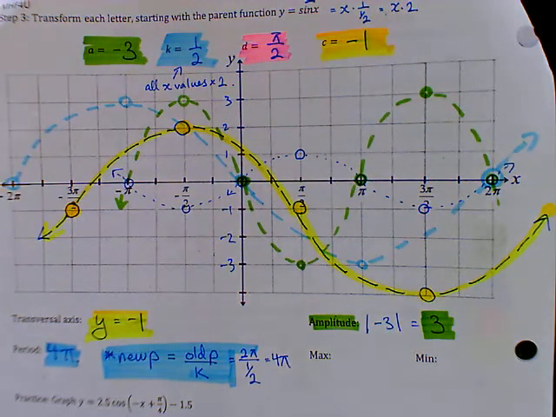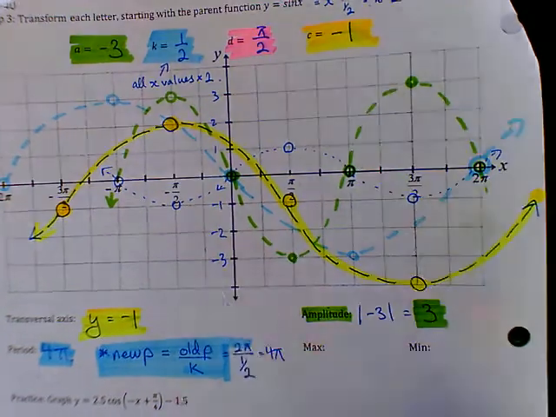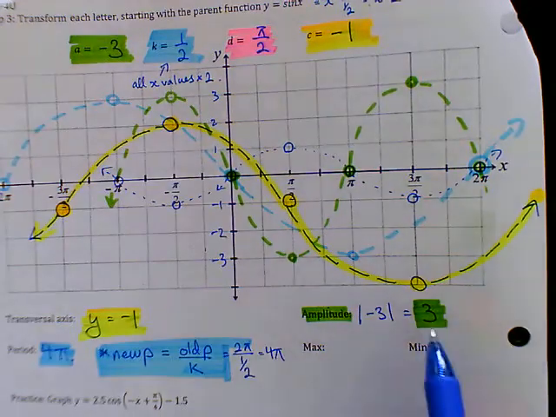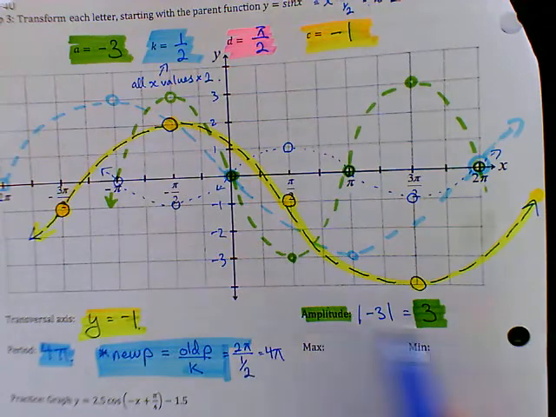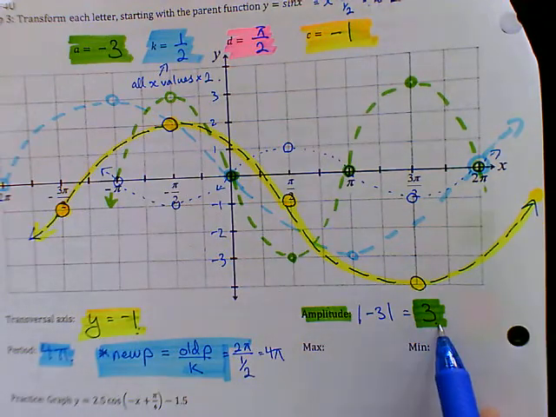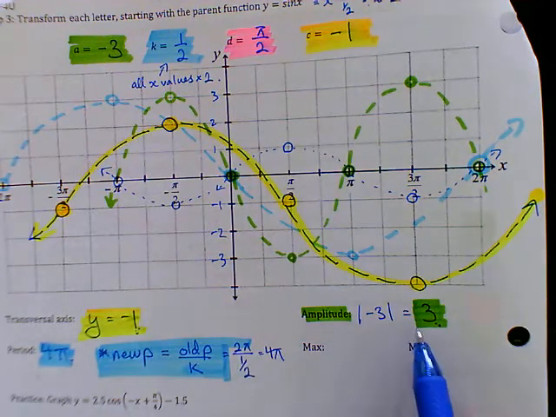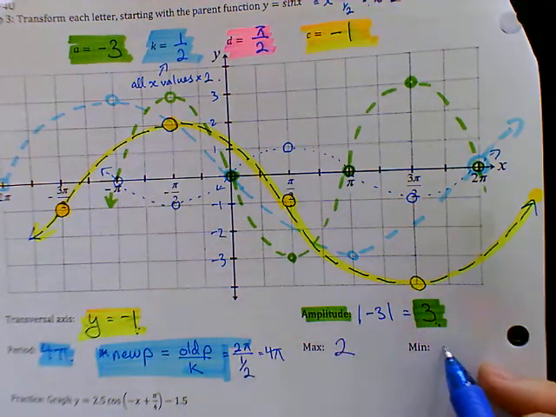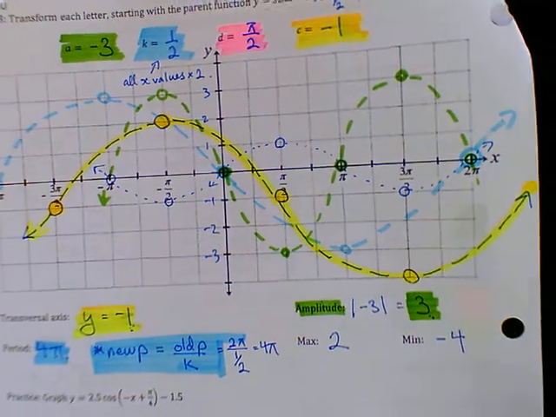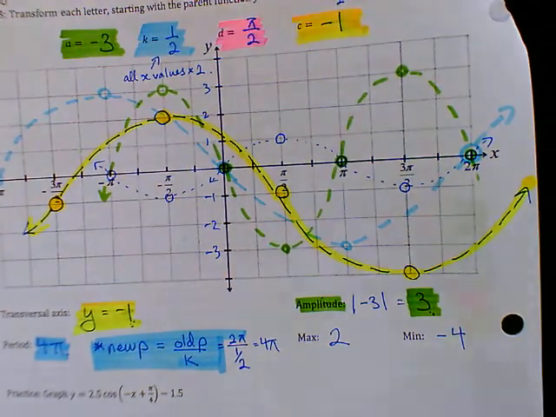Oh, so we don't care about the sign. Absolutely. So maximum is from the middle, I can add 2, or from the middle, I can subtract 2. So it's going to be a max of 2 or a minimum of -4. Huh. Interesting.